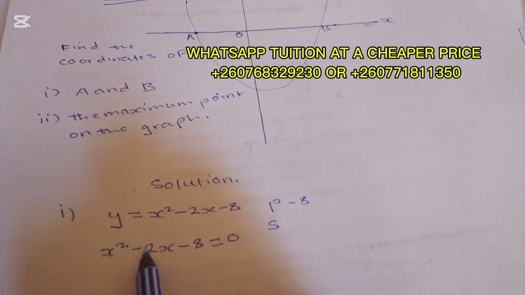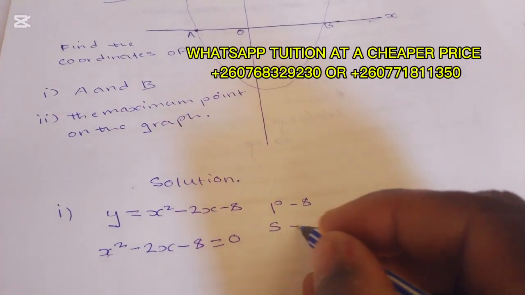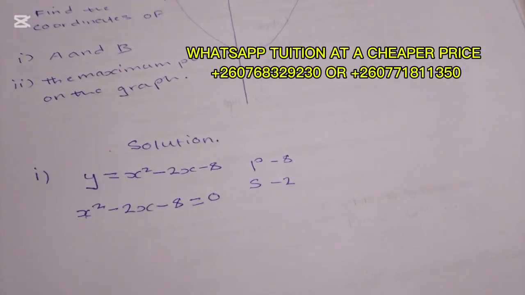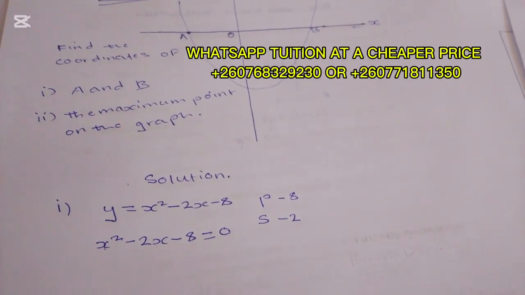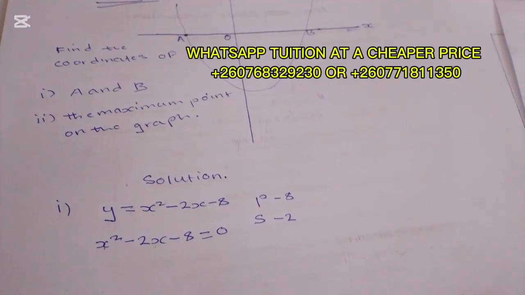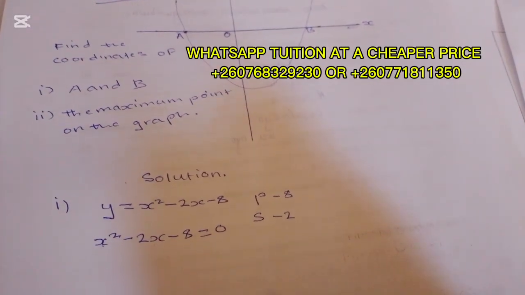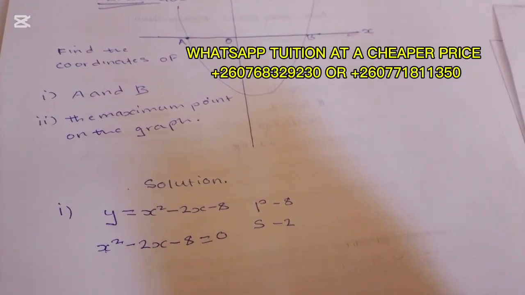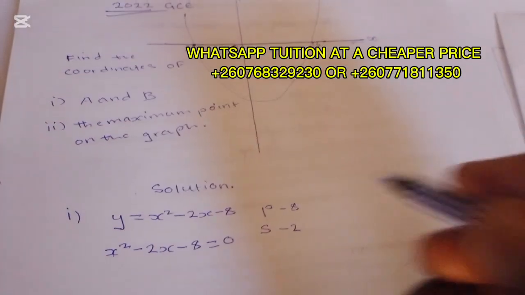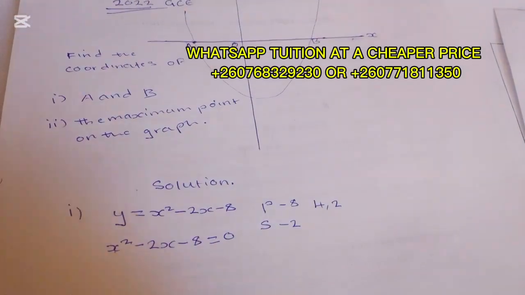And the sum, we get from the middle term of x, which is negative 2. Now, what are the factors of 8? Which numbers can we multiply to give us negative 8, and when we add them, they give us negative 2? Of course, the only answers are 4 and 2.